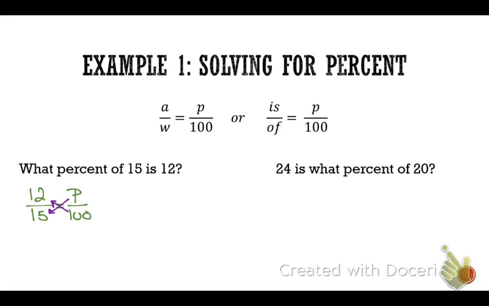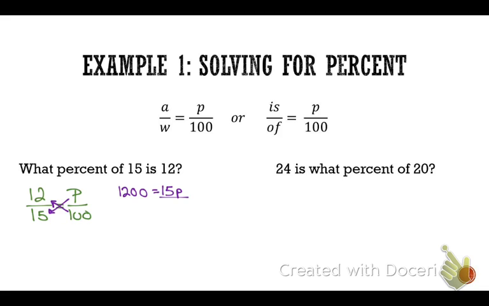Okay? And now I can solve my proportion using any method of my choice. But let's just be honest, it's either going to be cross products or mental math. Okay? In this case, cross products. So 15 times P would be what? 12 times 100, 1200.